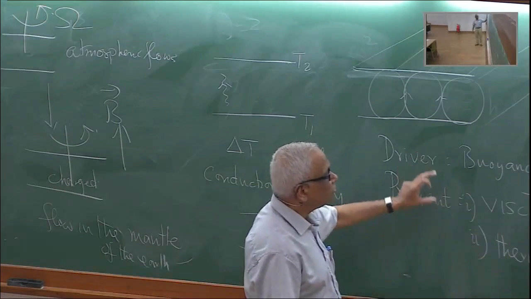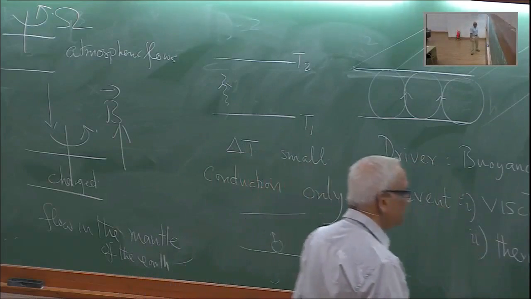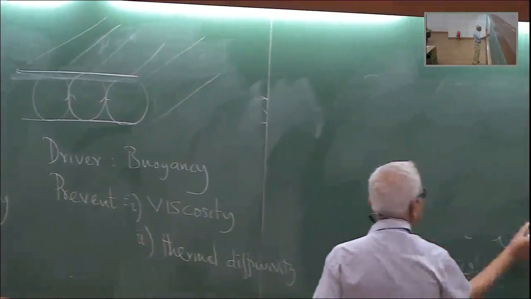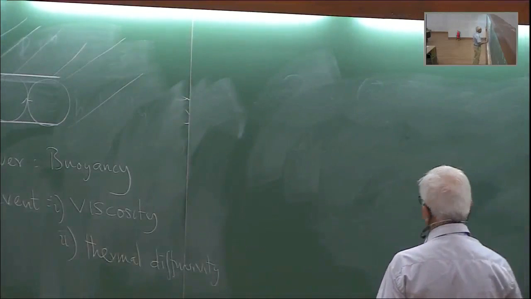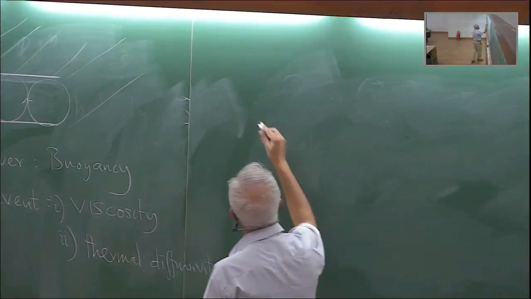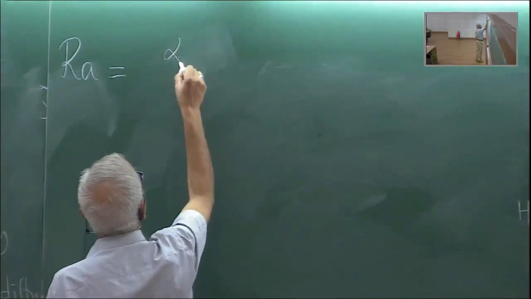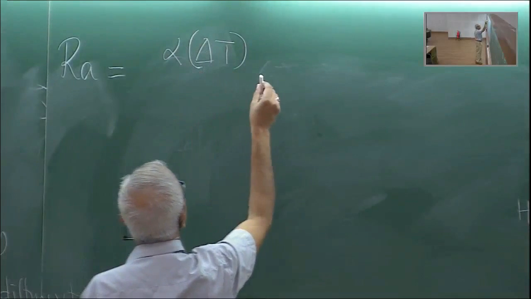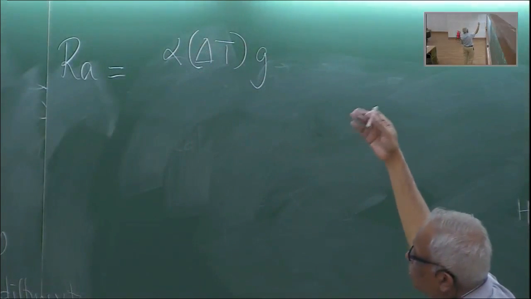So out of these competitors must come a dimensionless number which will determine what happens to this system that I have talked about. That dimensionless number is what is called the Rayleigh number, and it's defined by the expansion coefficient times the temperature difference, and g, because gravity is the buoyancy.